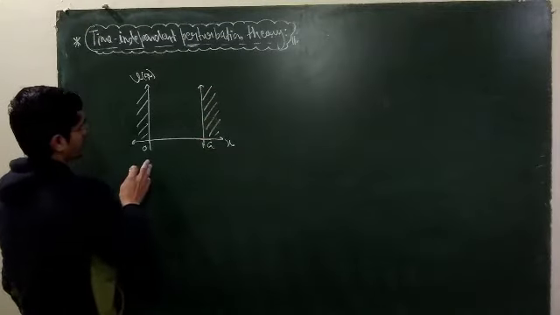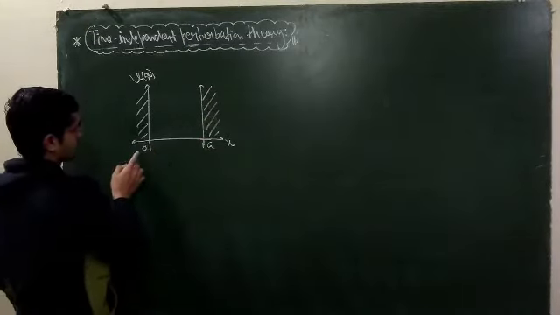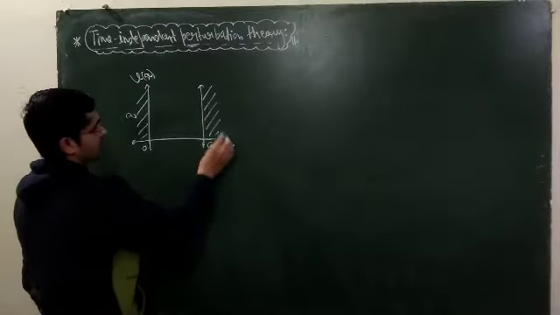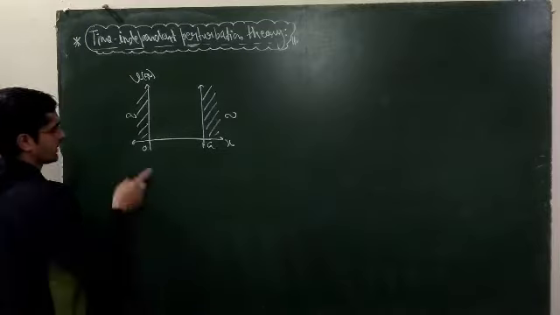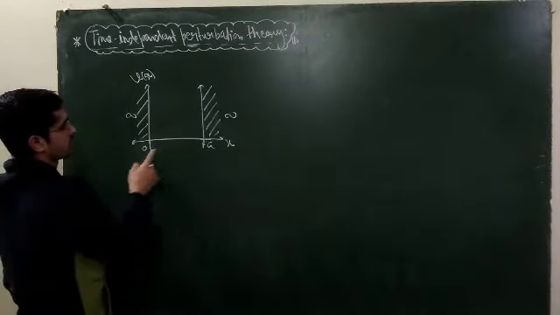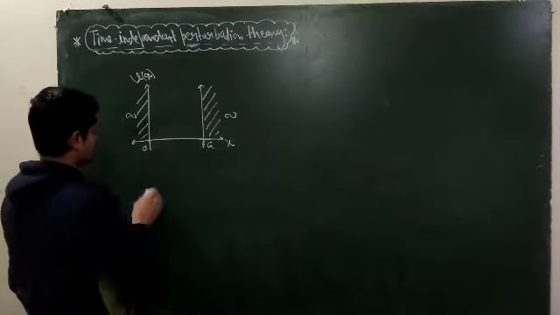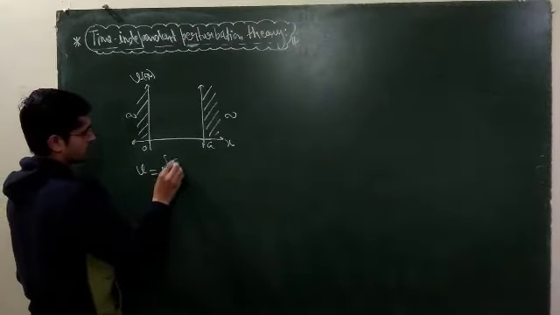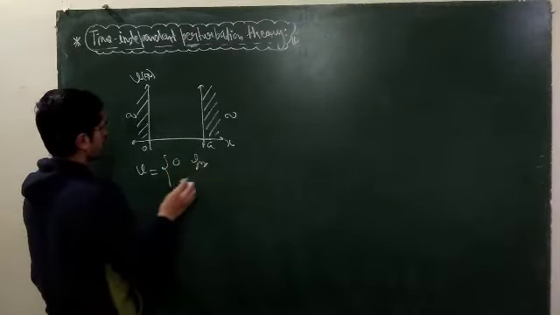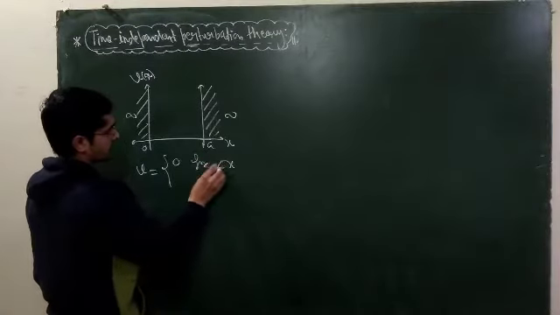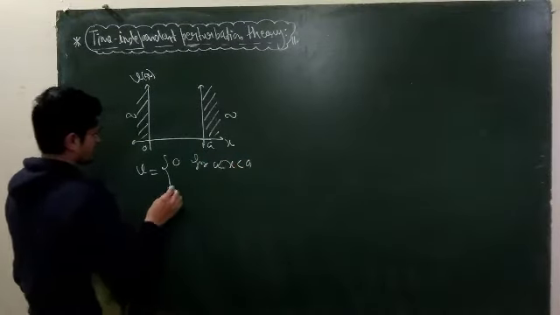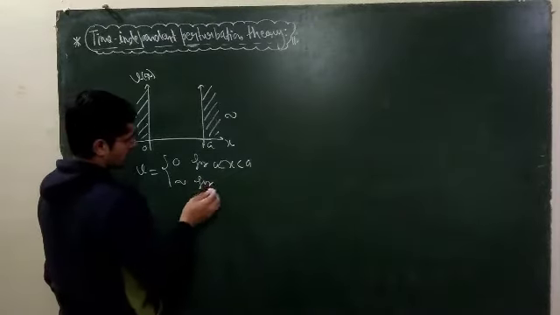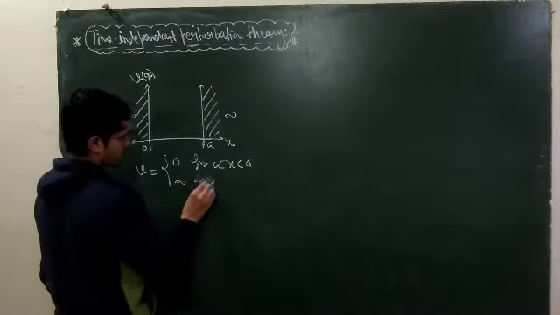The potential energy for points before 0 is infinite, and after a it is also infinite. In between 0 and a it is 0. So it is a potential like this: 0 for the particle in between 0 and a, and infinite otherwise.